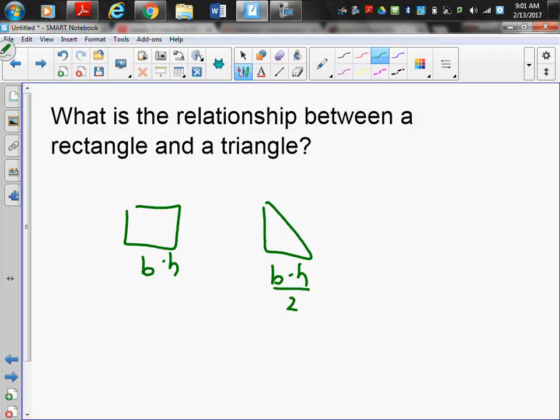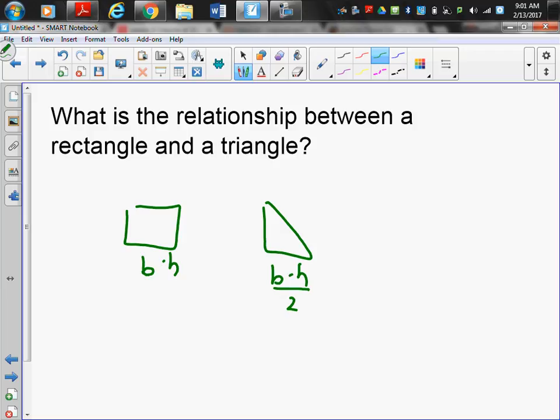So what was the relationship between every rectangle and every triangle? I got to multiply it. Well, what am I doing? This is base times height. Jade. It's always half of a rectangle.